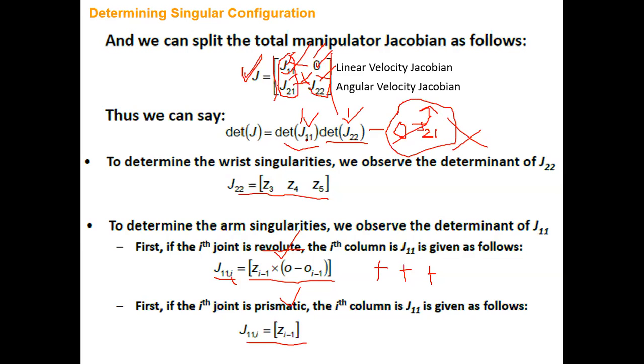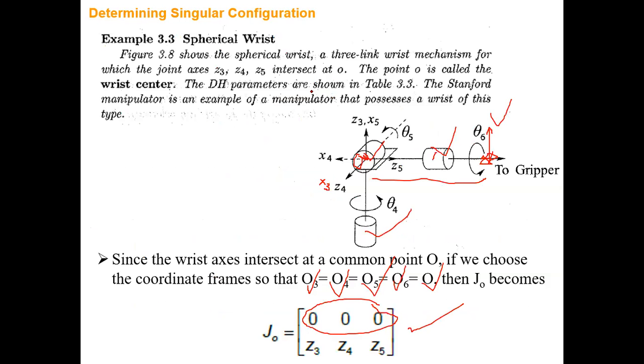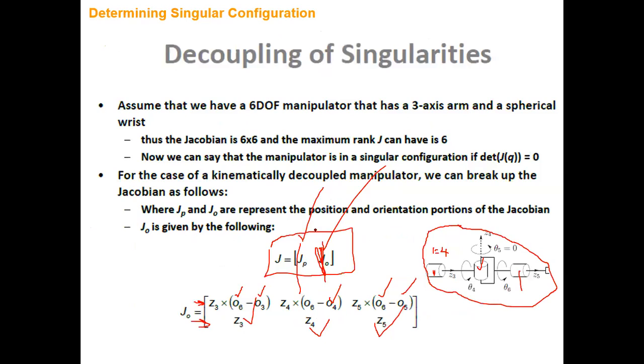What is J11? J11 is the linear part of the JP, right? And J22 is the angular part of JO. Remember, we had JO and JP here. P for position, meaning arm, and orientation meaning wrist.